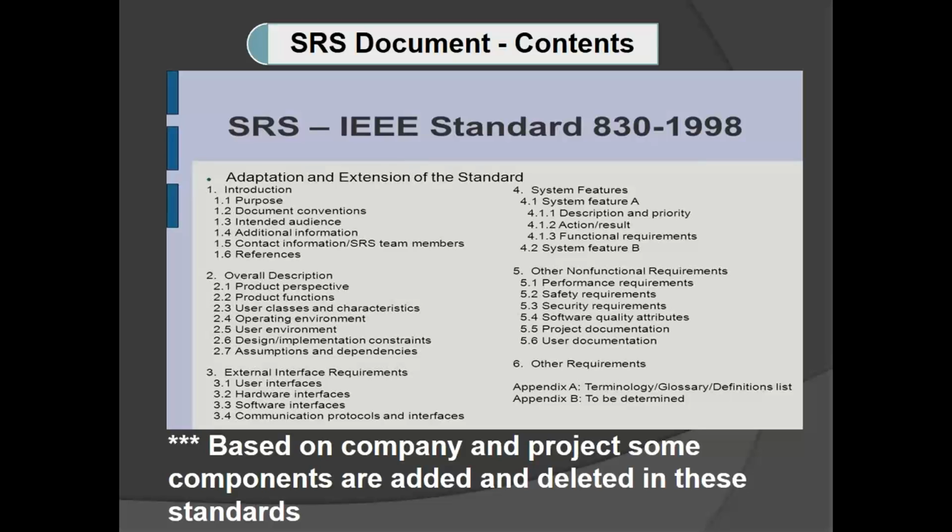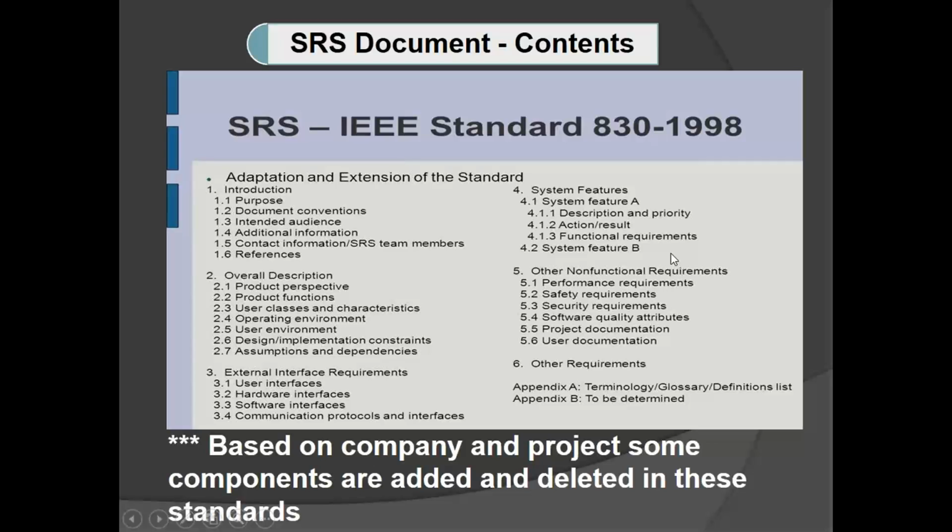What I mean to say is, if I am a BA, I will use this format. I will give sections and subsections. Introduction is my first section, and under that the subsections are purpose, document conventions, intended audience, additional information. This is my format, and I may get only 6 sections.